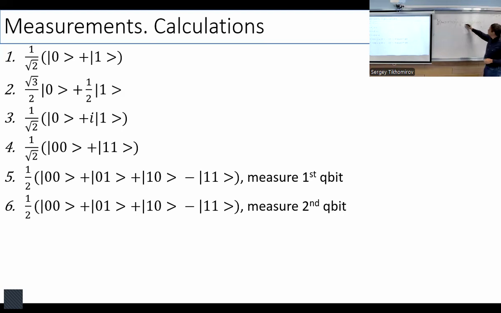Look, this is psi 0, and this is psi 1. Here I got 0 psi 0, and here I got 1 psi 1.